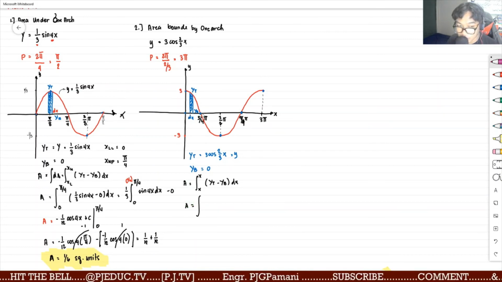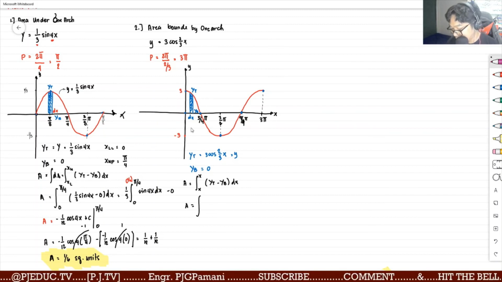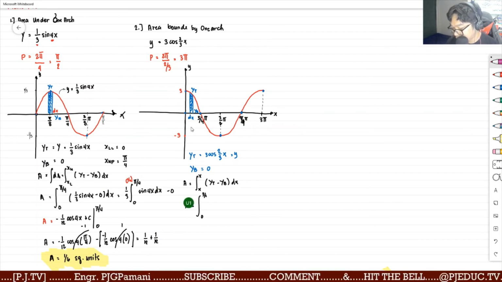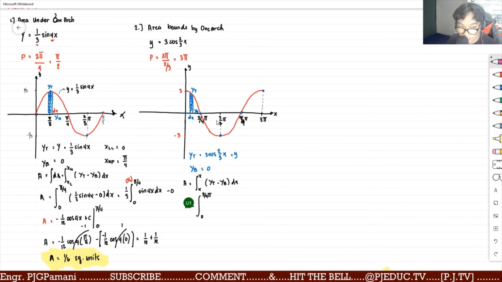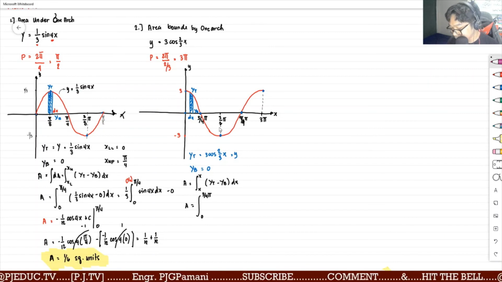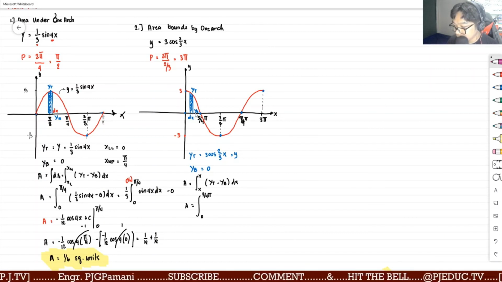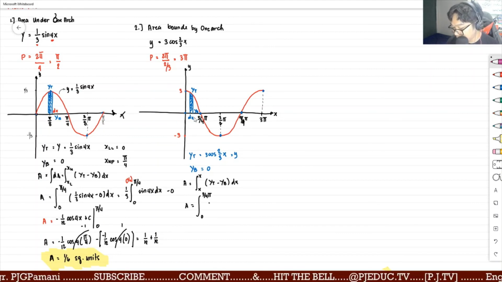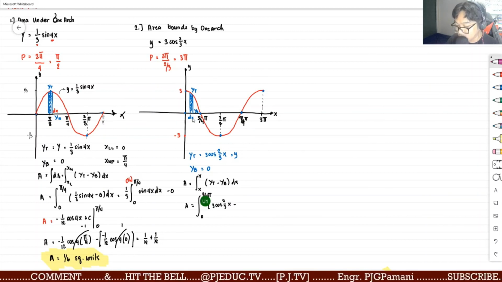So, ito yung ating limits from 0 to 3/4 pi. If you're going to use the area on the second section, that is 3/4 pi to 9/4. Okay. Then y top is 3 cosine 2/3 of x minus 0.